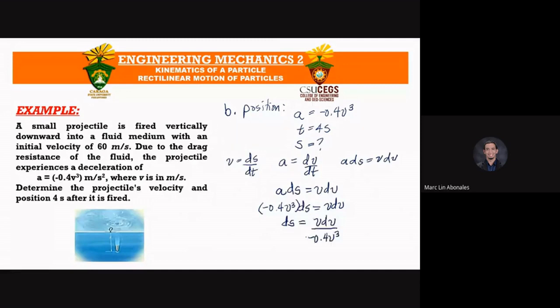Then I simplify it. One V cancels out, so this would be V squared.